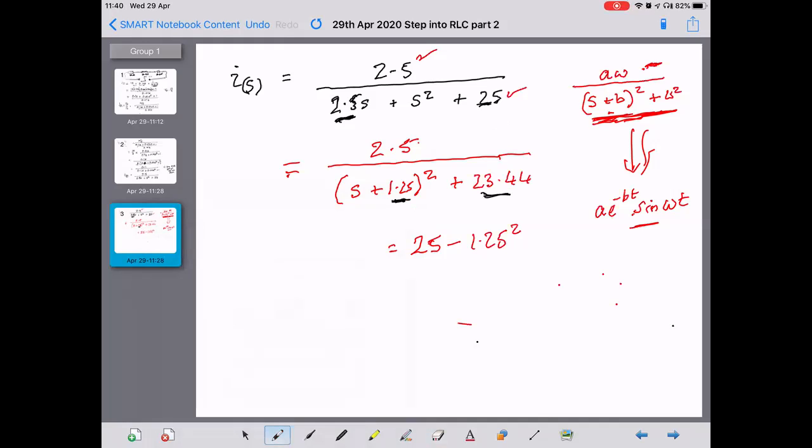And that leaves the remainder 23.44. All happy with that? Yeah, I think so.